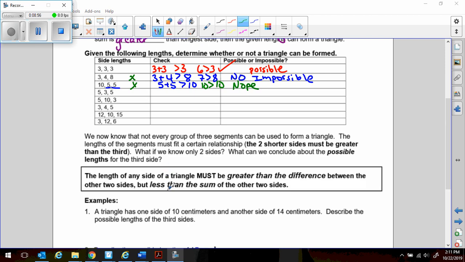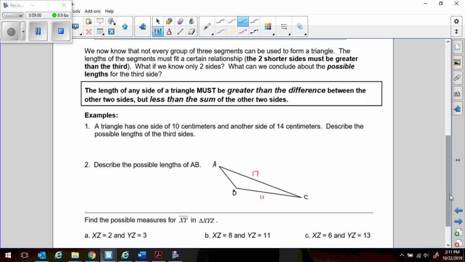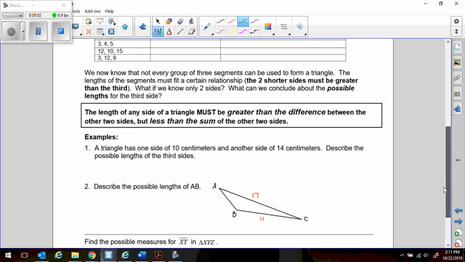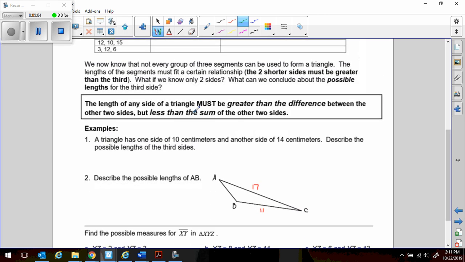So if we're asked to find the range of 2 sides of a triangle, all we have to do is add them and subtract them, and then we'll find the range of the other side. So if they tell us the triangle has a side length of 10 and 14 centimeters, describe the possible lengths of the third side. Remember, the 2 smaller ones have to add to be greater than the third side.